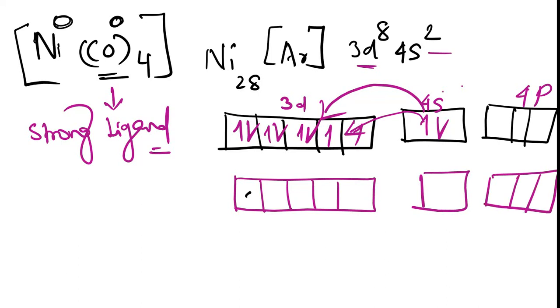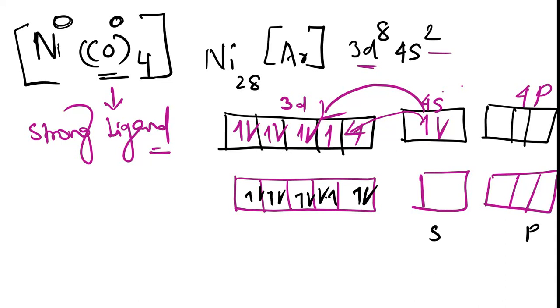So here these orbitals are already filled now. And these 2 orbitals, 3d8 only now, 1, 2, 3, 4, 5, 6, 7, 8. Okay. So in these places the 4s electrons are filled. Now what are the vacant orbitals?